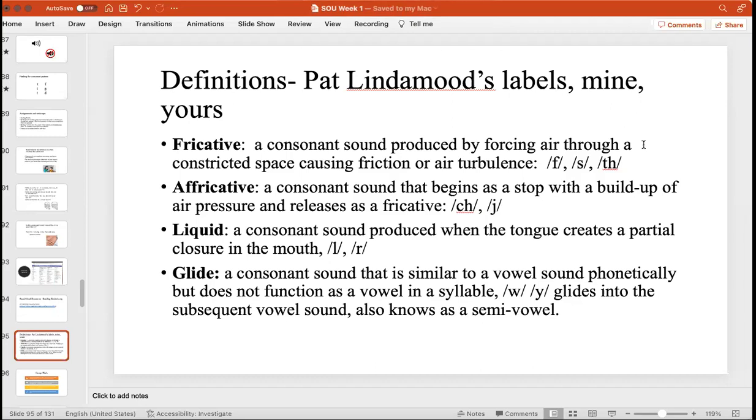Now, the next two, for me, are the most challenging to understand. A liquid is a consonant that is produced when the tongue creates a partial closure. So let's feel this. Go, ooh. Logan, feel ooh. What is closing in your mouth? Your lips or tongue?